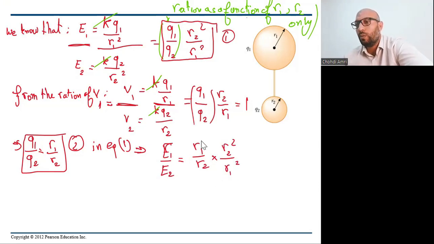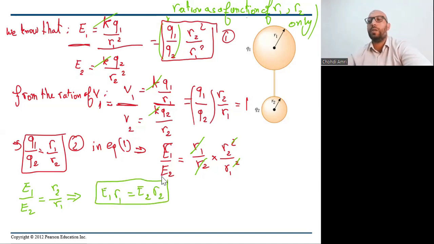We cancel R1 and the square, and we cancel R2 and the square. So we get E1 over E2 equal to R2 over R1. That means E1 R1 equals E2 R2, and this is our relationship.